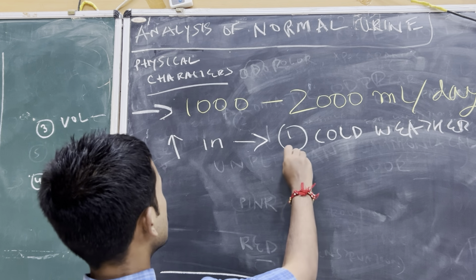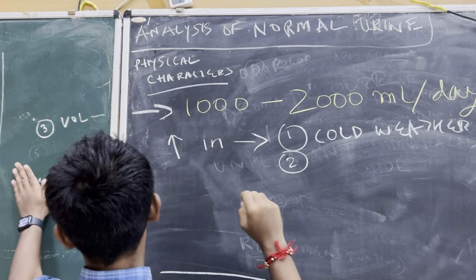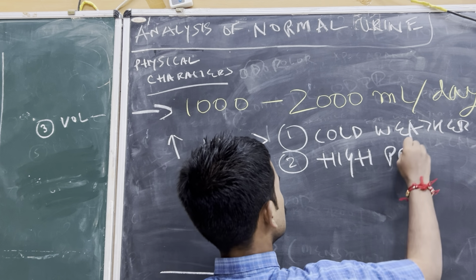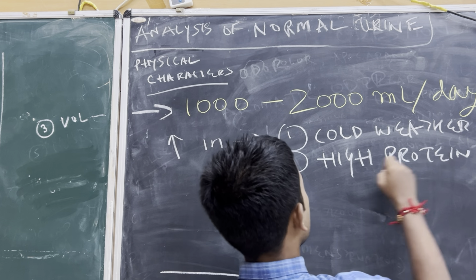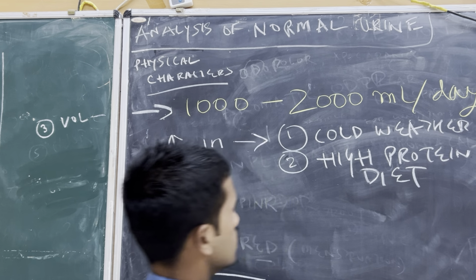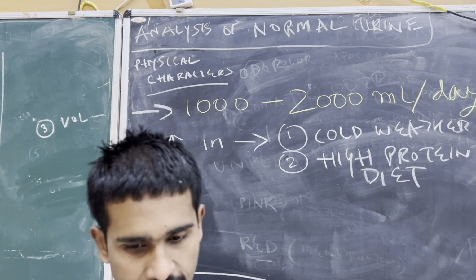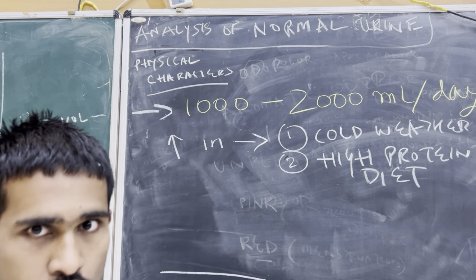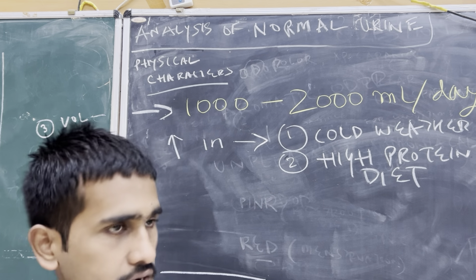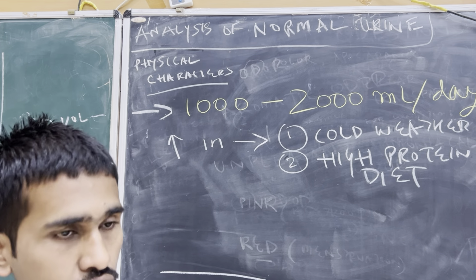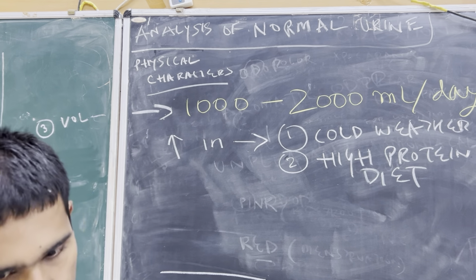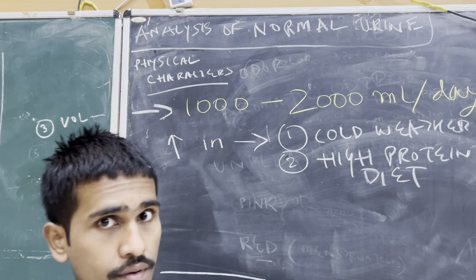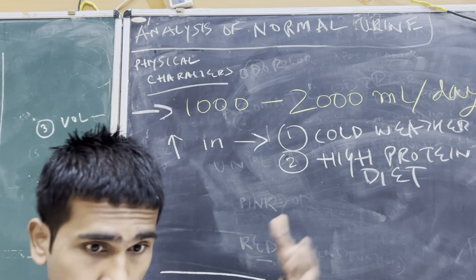Then also high protein diet. If we take more proteins, due to the diuretic effect of urea, as the proteins are metabolized to urea, there is physiological polyuria, which means physiologically the volume of urine will increase.